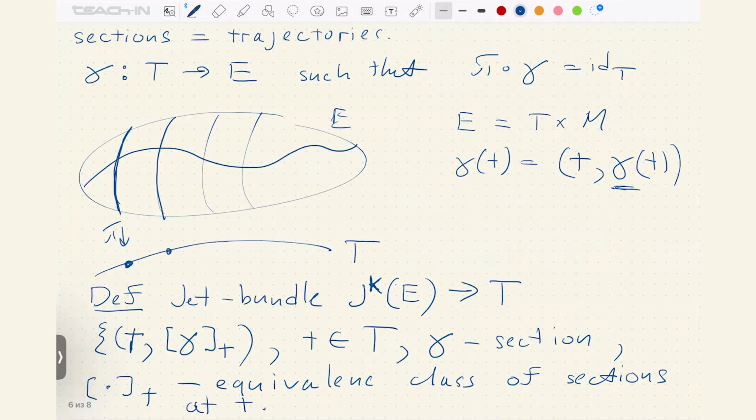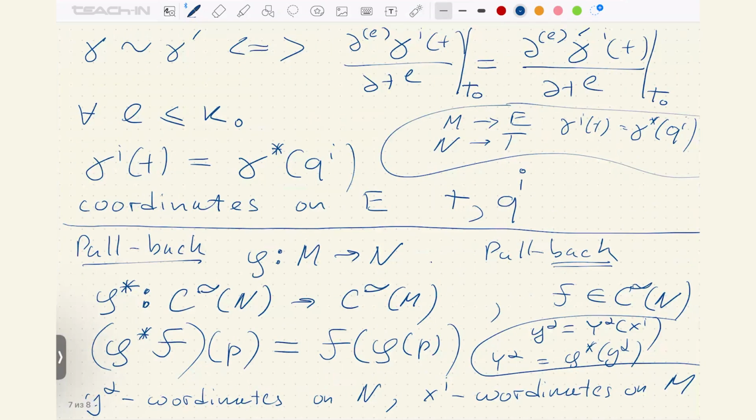So what does it mean? It means that our sections are not the same, not at all, but somehow they behave similarly near point t naught. For instance, if we take L to be 0, it just means that gamma of t naught equals gamma prime of t naught, right?